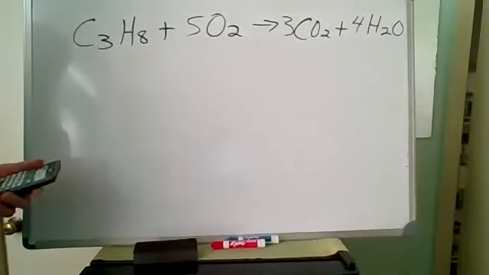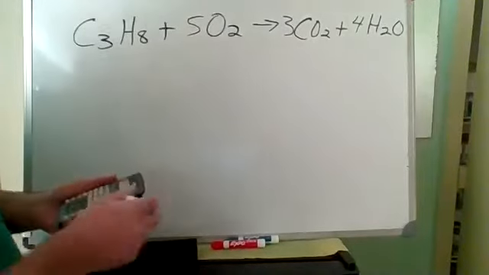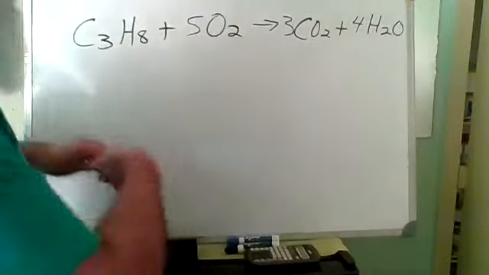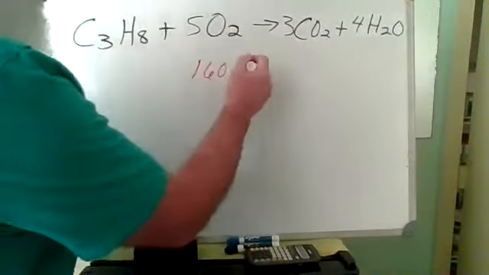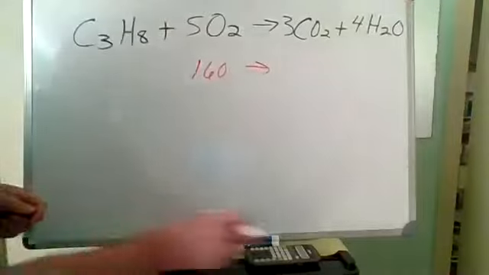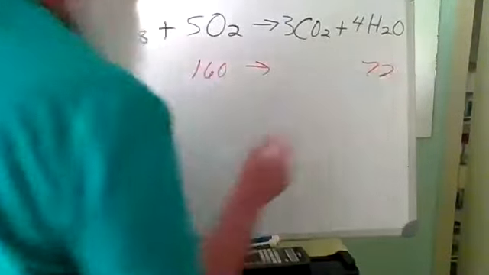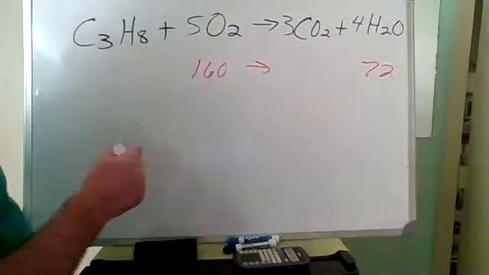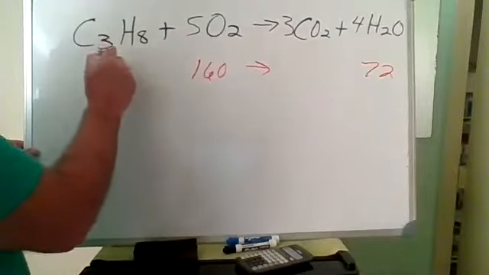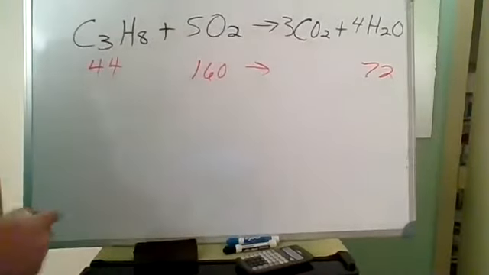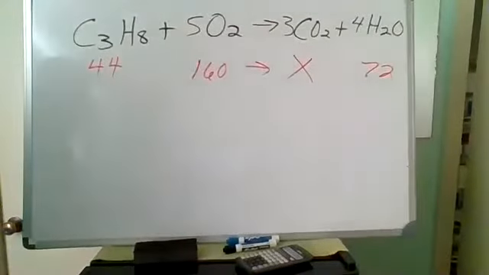Let's say that we have 160 grams of oxygen gas used to produce 72 grams of water, and let's say that we burned 44 grams of propane, and we want to know how many grams of carbon dioxide are produced.